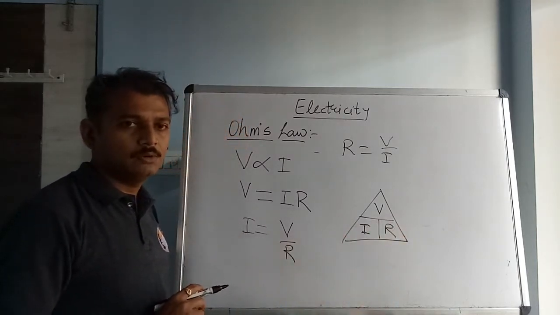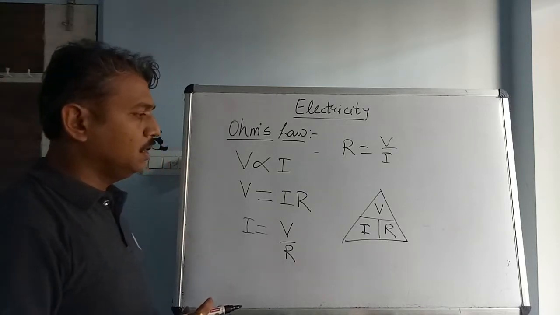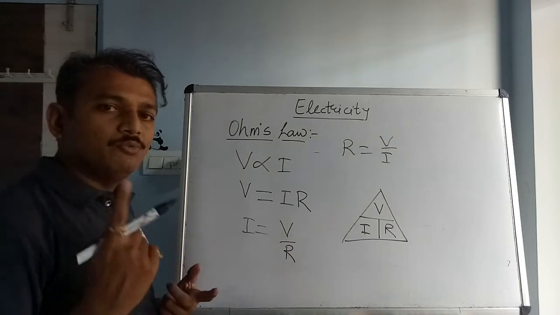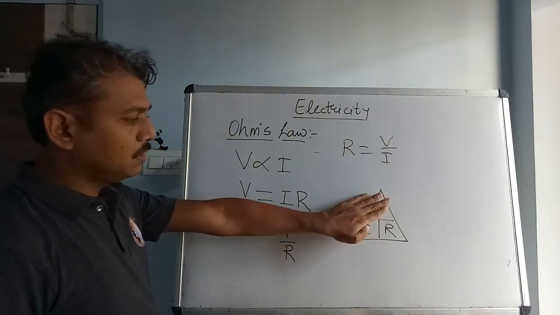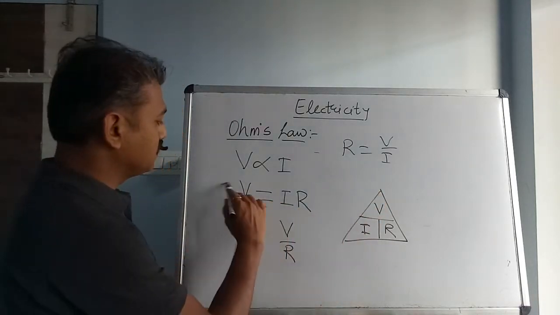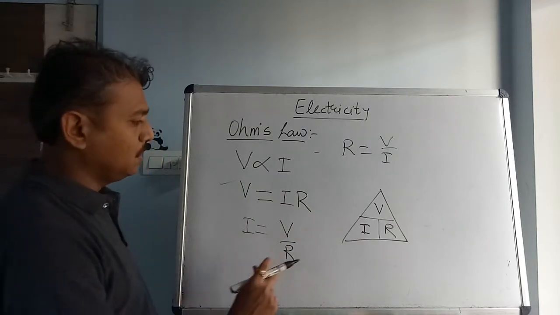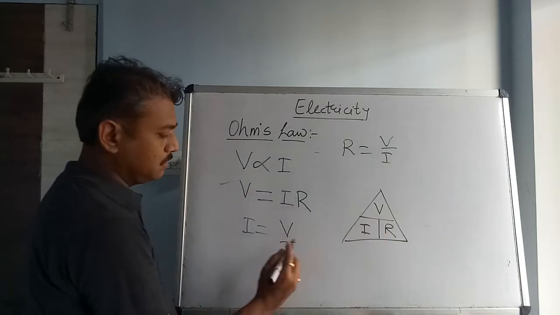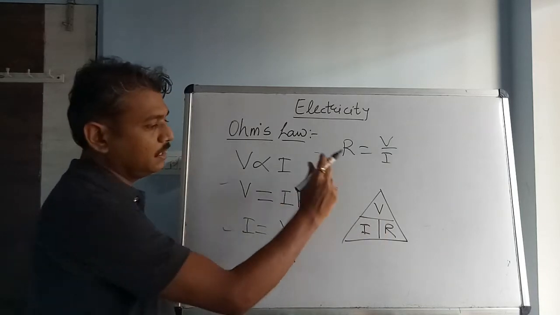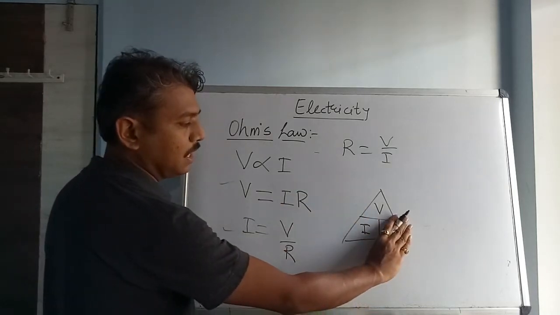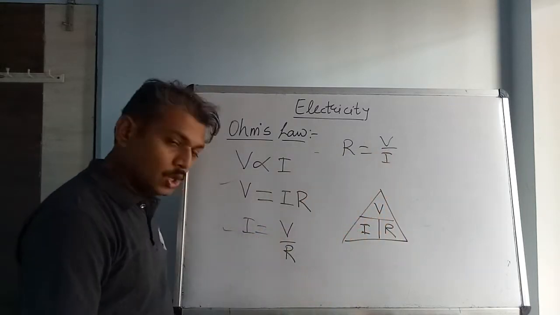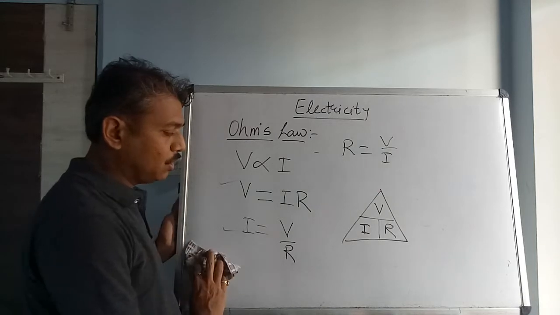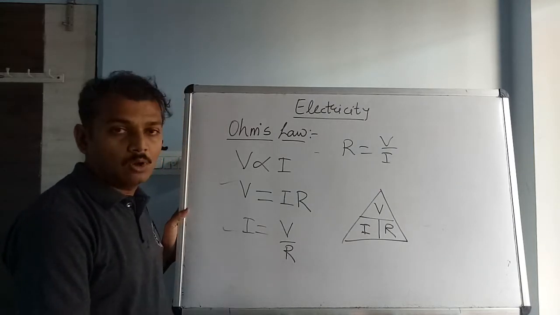For the formula which you want, for example you want V, put your hand on V, you will get IR, the first formula. If you want I, put your hand on I, you will get V by R, this is the second one. And third, put your hand on R, you will get V by I. So these are the three very easy, important formulas of Ohm's law.